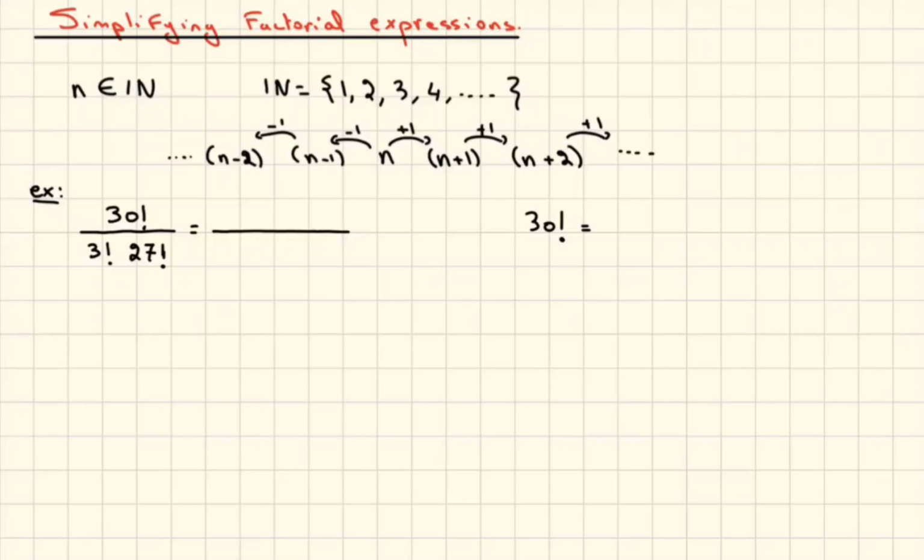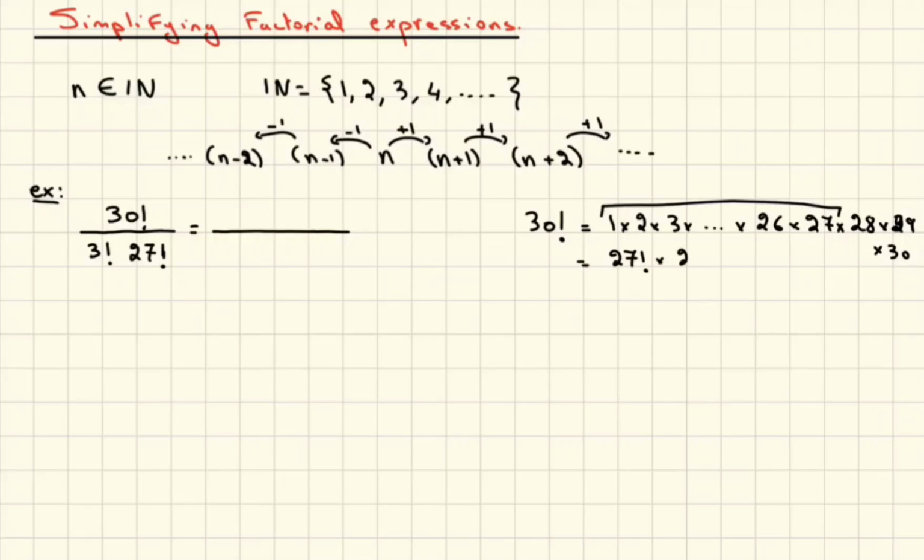So the 30 factorial basically is 1 multiplied by 2 by 3. We keep going, and I have 26, 27, 28, 29, and 30. Now if I decide to take from 1 to 27, then I can rewrite 30 factorial as 27 factorial, and I still have 28 times 29 times 30.